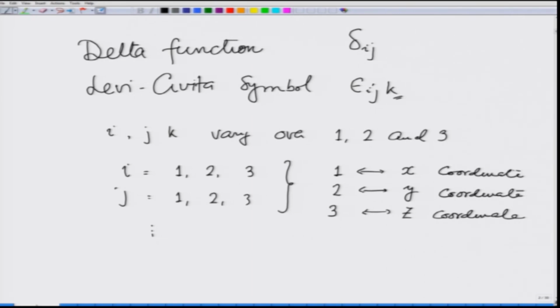So, just to make you familiar, for example, I am going to write a_x for a vector as a_1, a_y as a_2 and a_z as a_3. Writing in terms of 1, 2 and 3 makes life easy when we want to express quantities in a compact form.